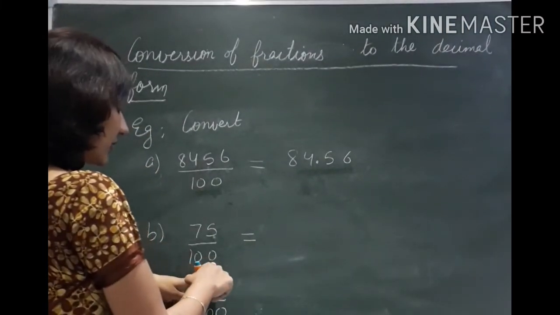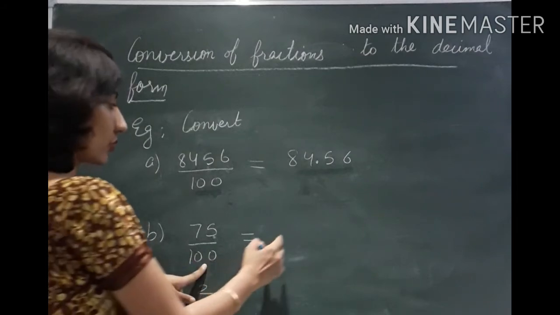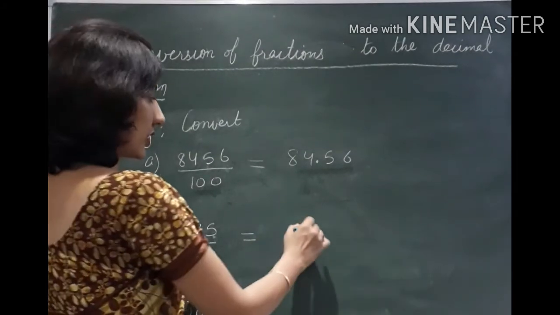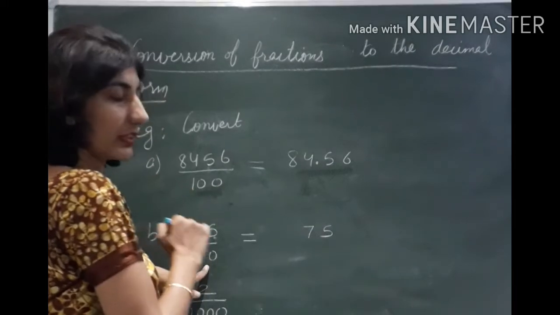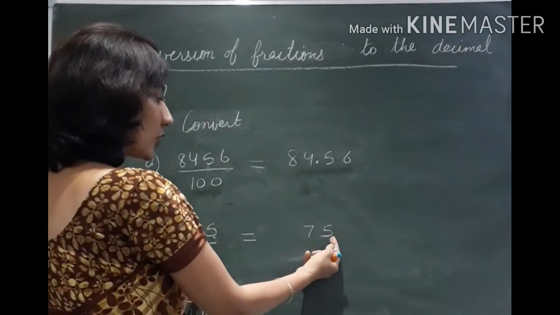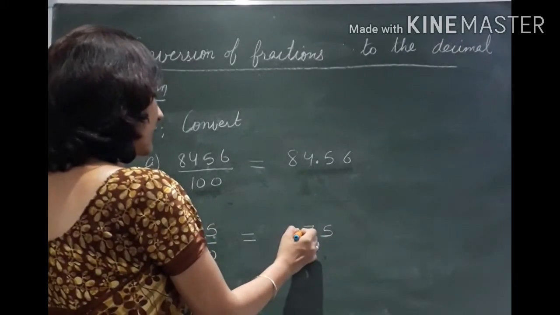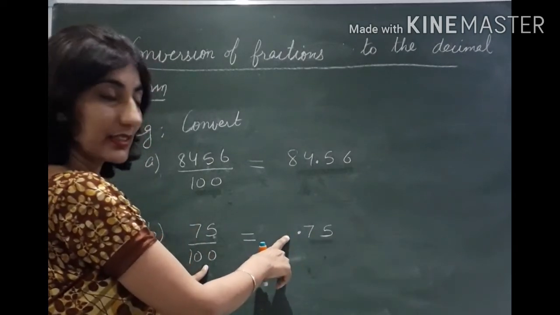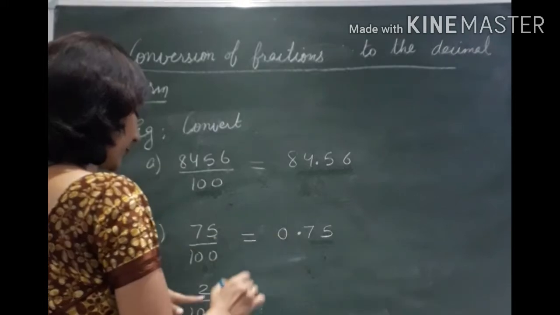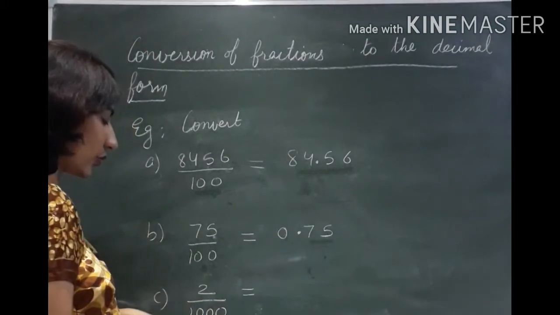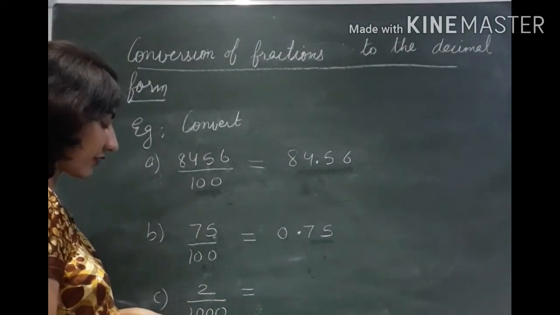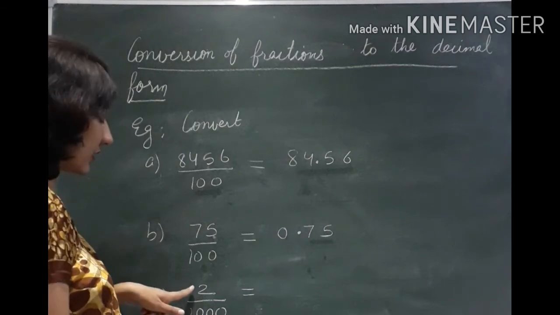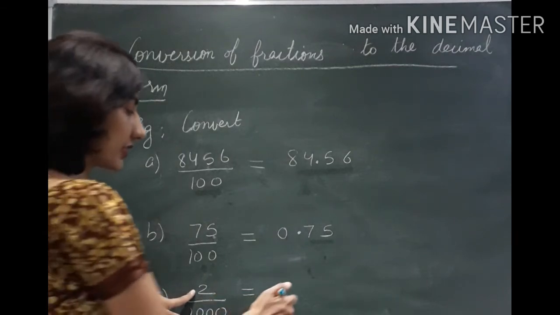Next is 75 upon 100. In the denominator we have 2 zeros, so after the decimal there should be 2 digits. We have in the numerator only 75. So starting from the right, 1 and 2. So the decimal will come here. So this is the decimal number. In the whole number part nothing is there, so I will put a 0. Next is 2 upon 1000. Now in the denominator I have 1, 2, 3 zeros, but in the numerator I have only one digit, that is 2.